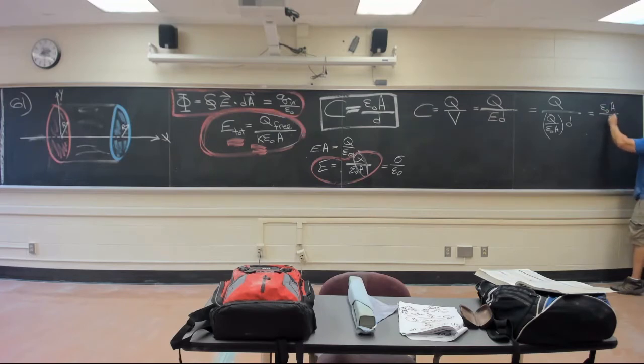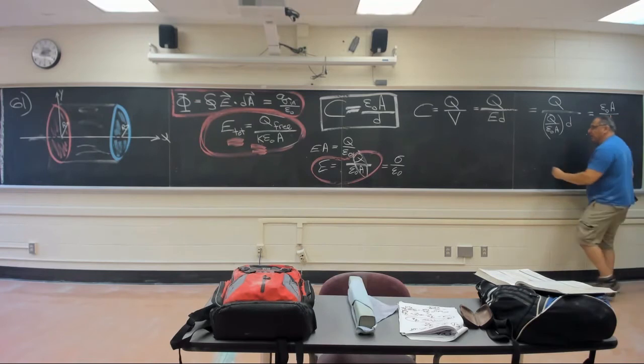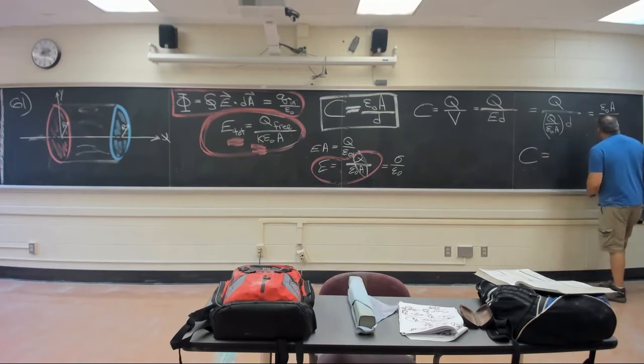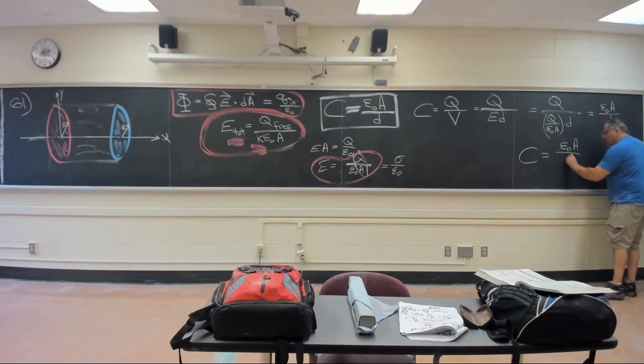The epsilon naught A goes on top. You got D. Wait a minute. This all looks very familiar. C equals epsilon naught A over D.